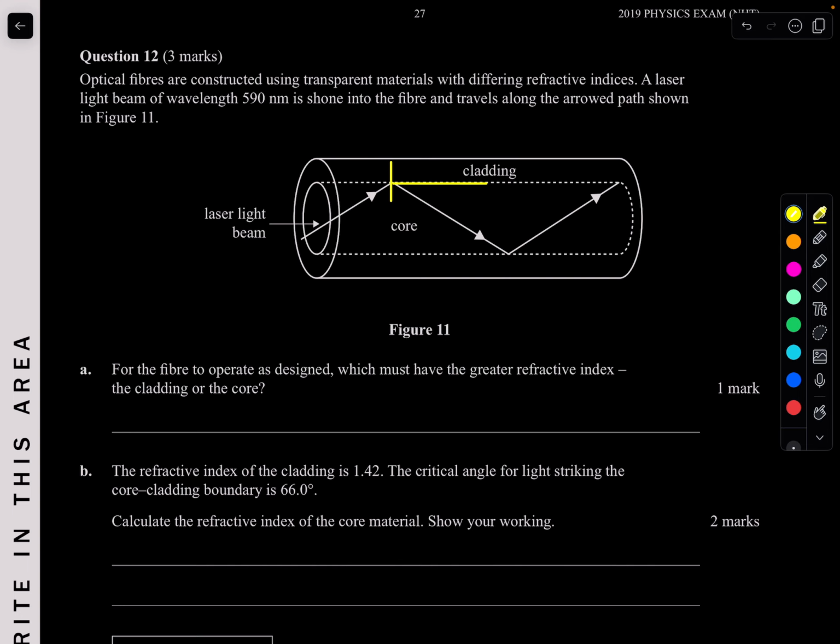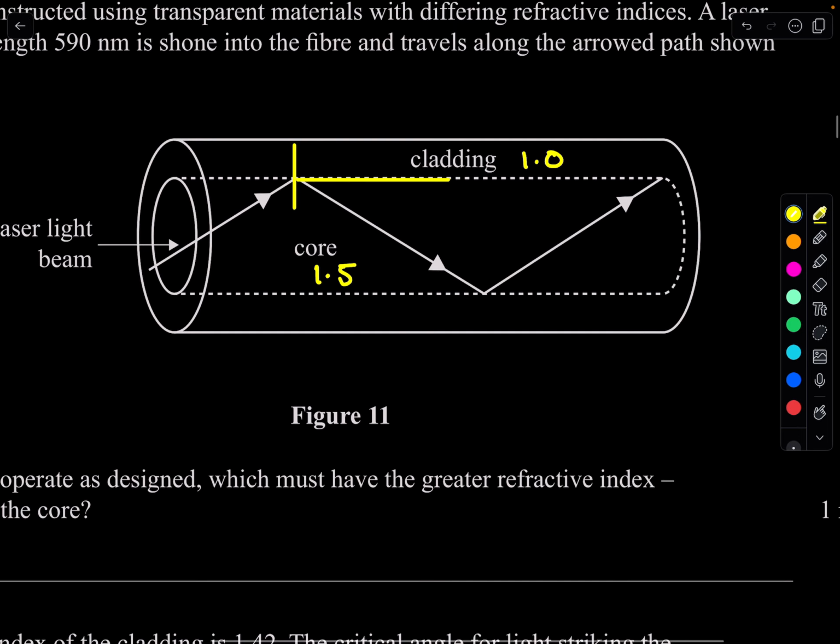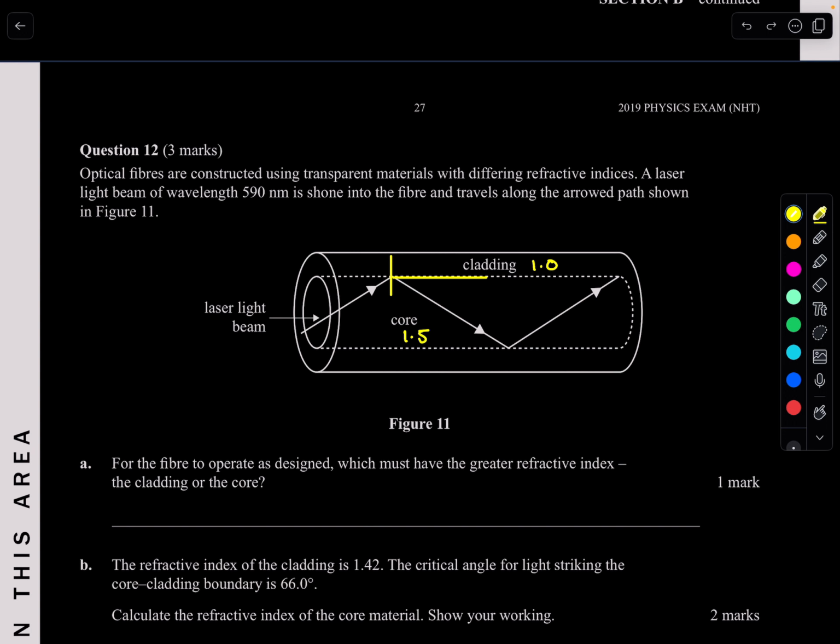So if I want to know which one has to have a greater refractive index, the cladding or the core, let's think about it. Let's assume that the core is our greater refractive index. I'm going to write it as 1.5 in this case. And our cladding is our lower one, so let's say 1.0. Optical fibers use the concept of total internal reflection, which uses the critical angle.